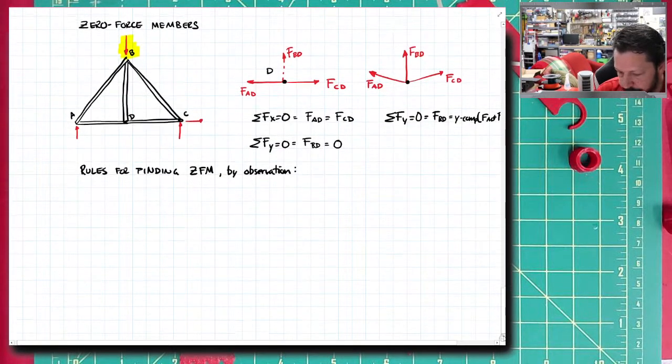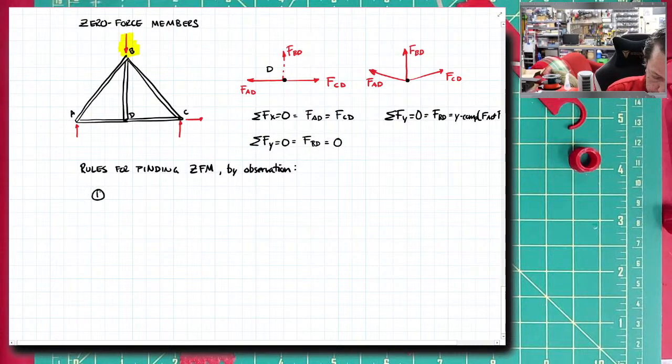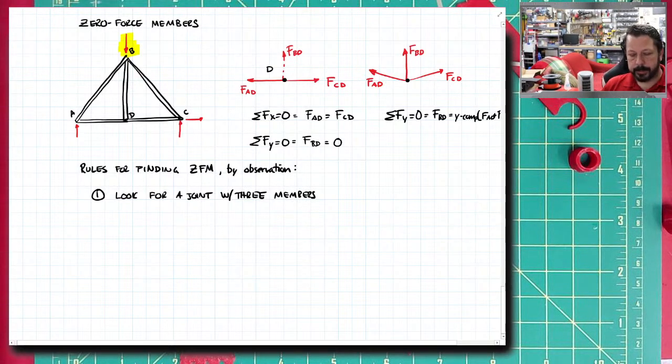So the first thing you do is look for a joint with 3 members. Joint A has 2, joint B has 3, C has 2, D has 3. So B and D both have 3 members.